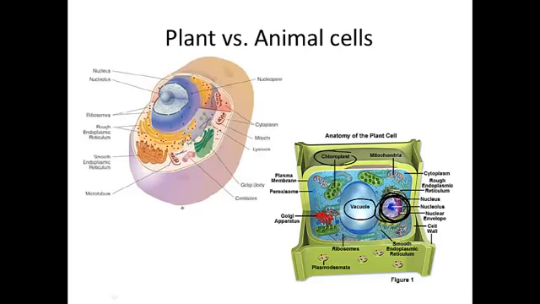Organelles that are found in animal cells but not plant cells would be the centrioles, which are involved in cell division. The lysosome, although this is hotly contested among cell biologists, but some textbooks will tell you that lysosomes are only found in animal cells and not plant cells.